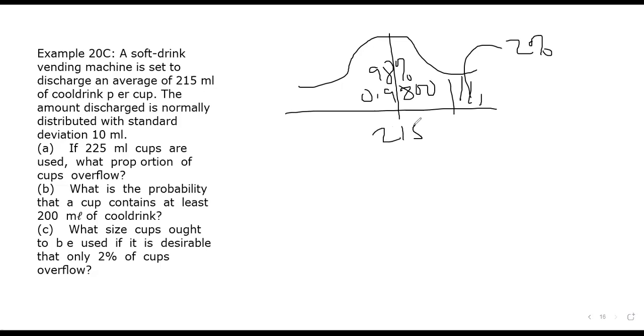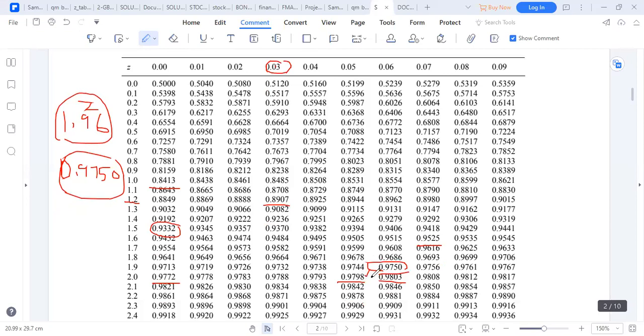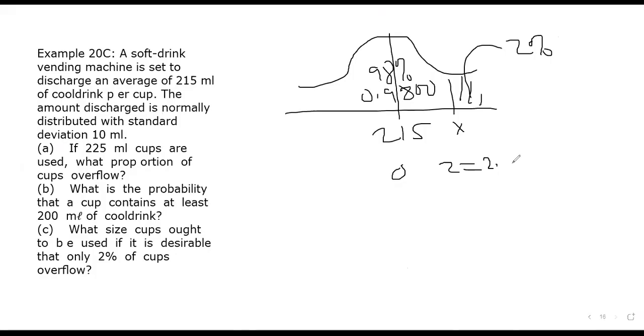Here, it's already the 215, which is equivalent to 0. Here we don't know the x value, but the z we can identify from the 98%. I taught you how to read from the table. 98 is 0.9800. So this is the closest, 98%, so 2.05. So the z reading will be under 2.05.